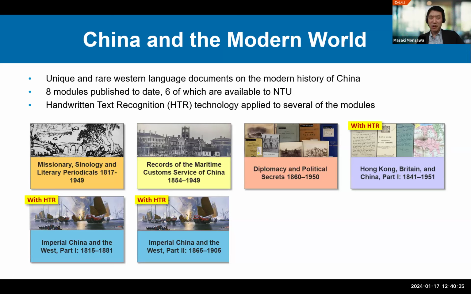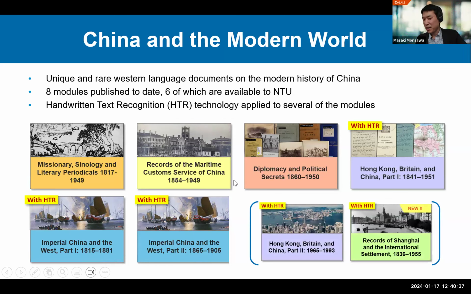So these are really top level diplomatic correspondence and things like that from 1815 to 1905, except they're just separated in two parts. And just for your information, we also have other modules. We have a Hong Kong Part 2 and one on Shanghai. These were just recently released, so they're not available to NTU yet, but that was a bit of an advertisement.